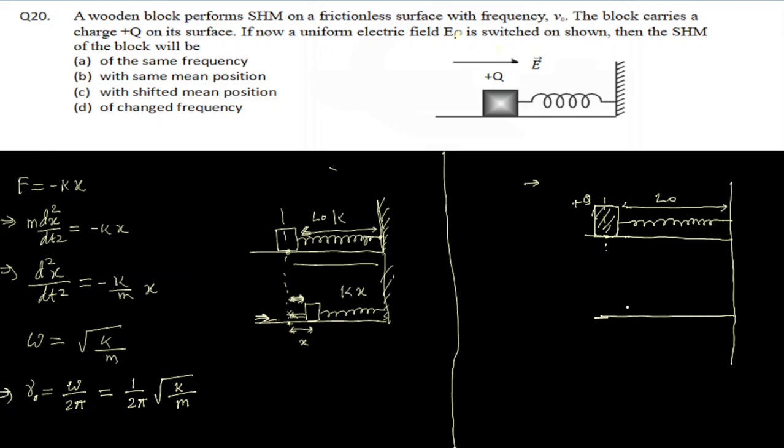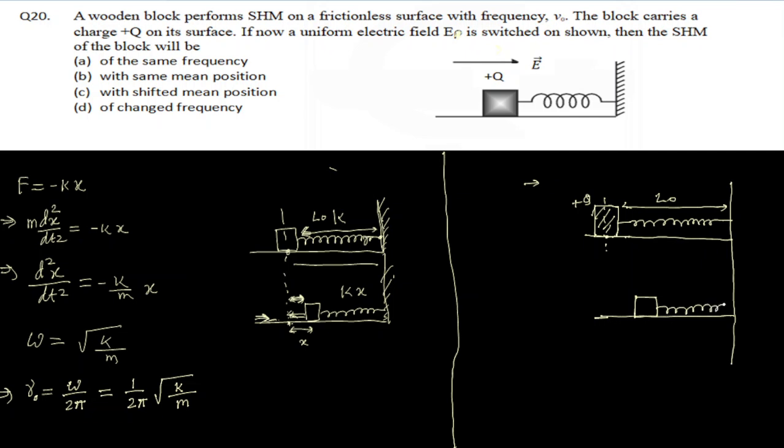But as it moves towards the right, the spring will get compressed, and because of that, the spring will also start applying some force on the block, but that force will be towards the left. After some time, we'll see that these two forces will be equal.